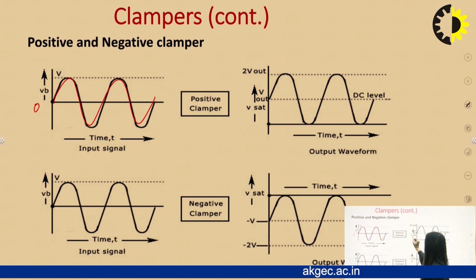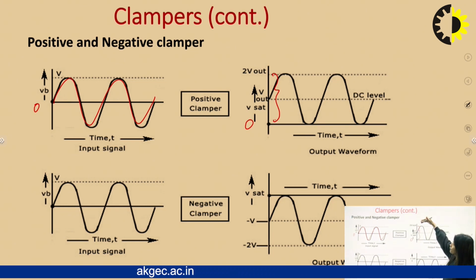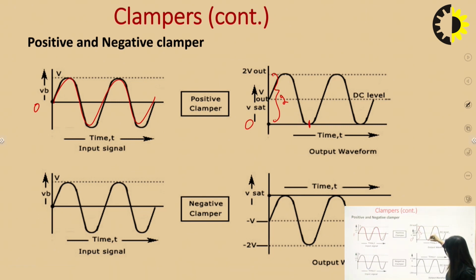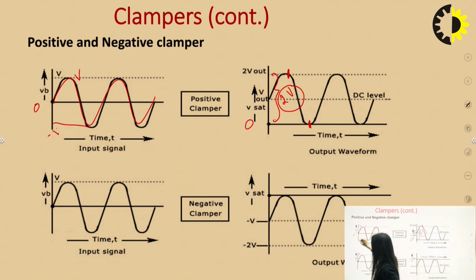Now on this 0 axis, we have clamped the waveform. We have shifted the waveform by V value up. So this is the negative peak, this is the positive peak, and this is what comes out to be 2V, where this is V and this is minus V. So the difference between the 2 peaks is 2V.